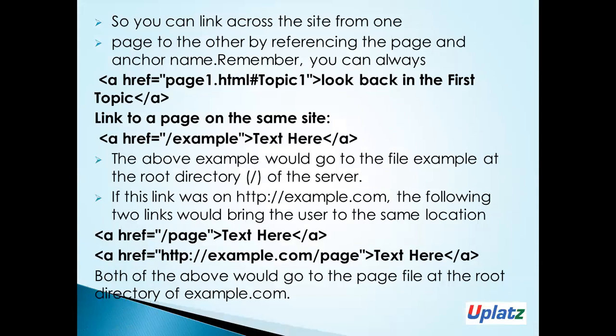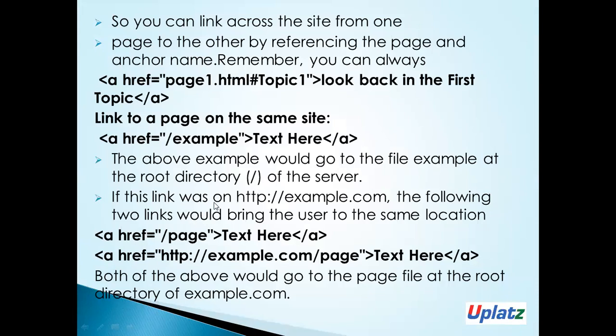You can also link from one page to another by referencing the page name in the anchor. So here is my anchor name. I'm just creating a link to refer to my pages. The above example will go to a file example at the root directory of a server.